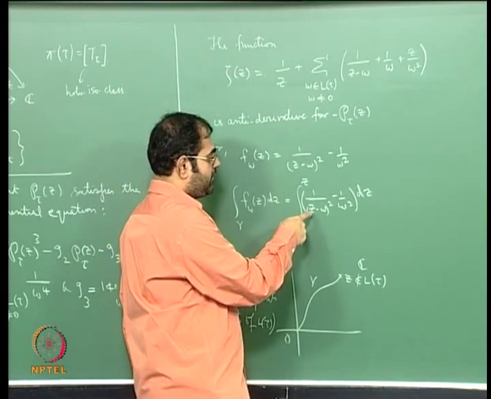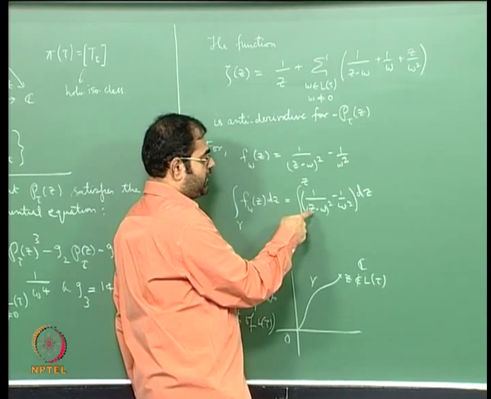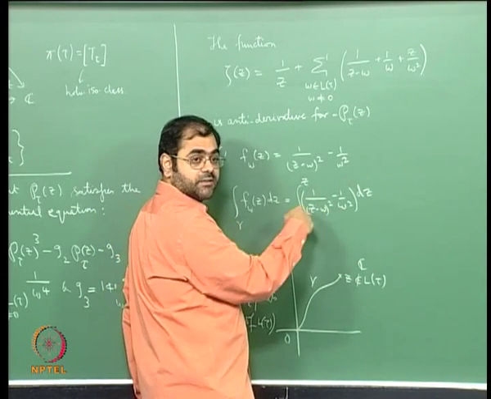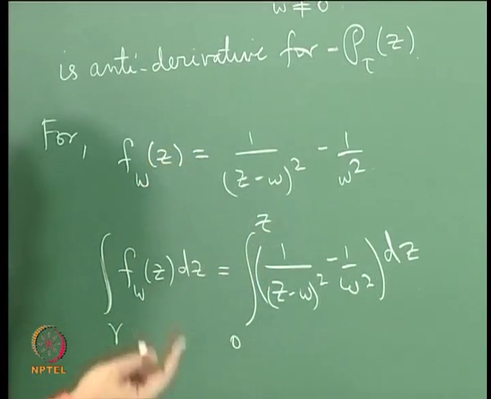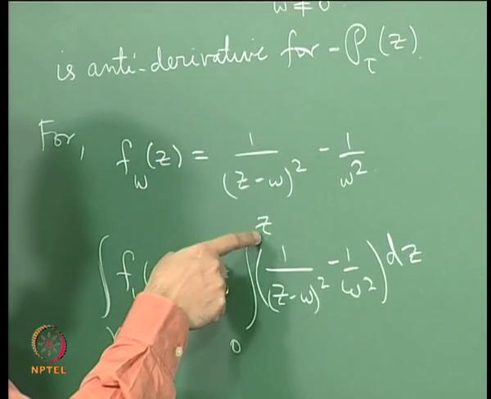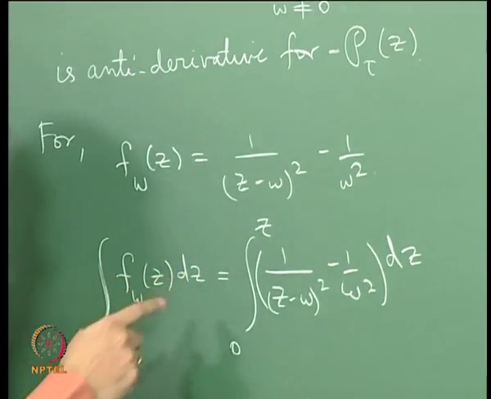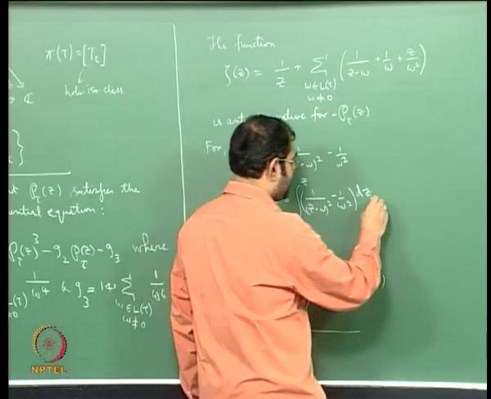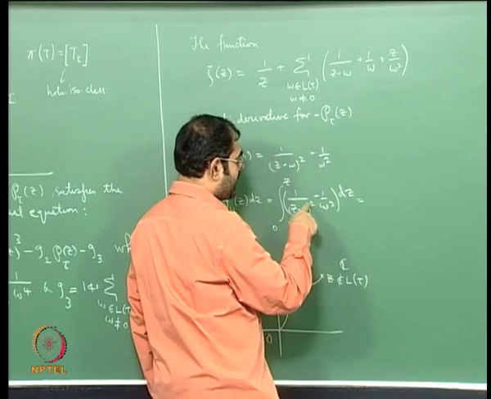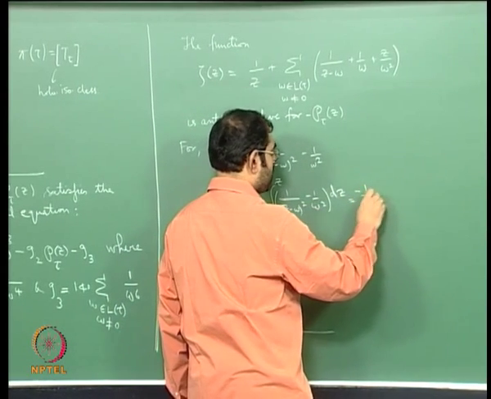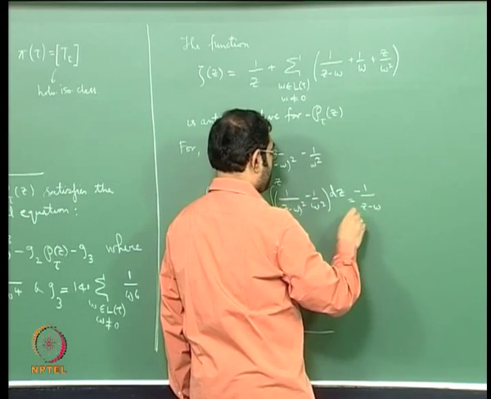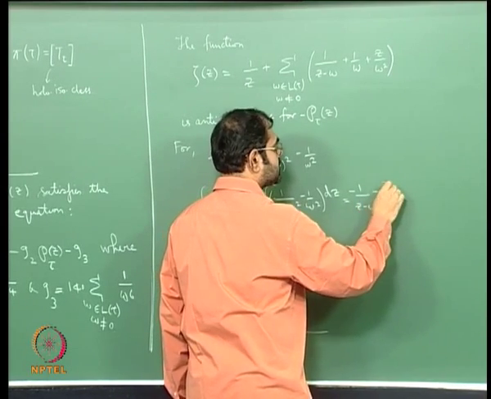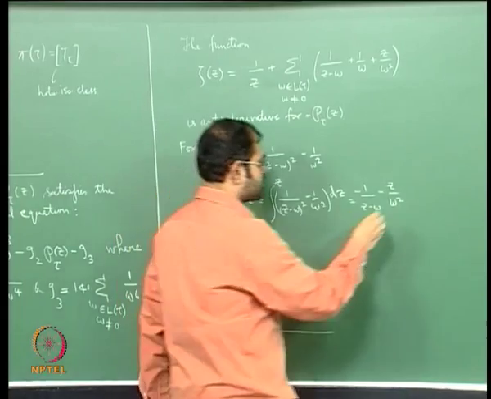If you want to be a little more careful, you should call the z inside the integration a different variable because my upper limit is also z. That shouldn't confuse you. If I integrate it, what I will get is minus 1 by z minus omega minus z by omega squared, plus of course a constant.